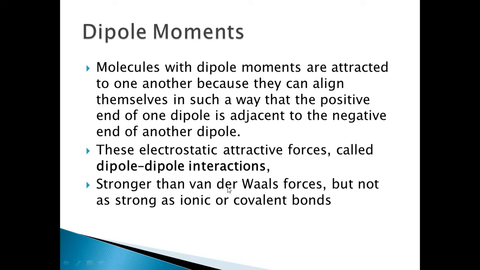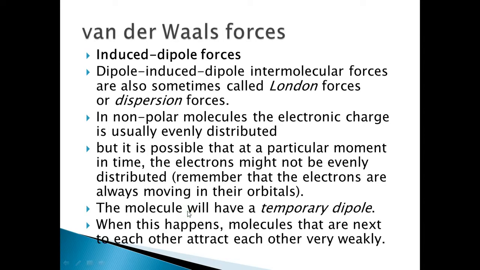We also have van der Waals forces, though not as strong as a covalent bond. For van der Waals forces, there are two types. One is induced dipole forces. We have dipole-induced dipole intermolecular forces, which are also known as London forces or dispersion forces. This is as a result of the fact that as an electron is revolving around the atom, there will be a time in which the negative electron will be concentrated on one end of the atom.